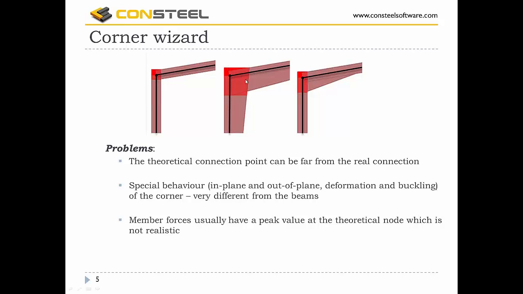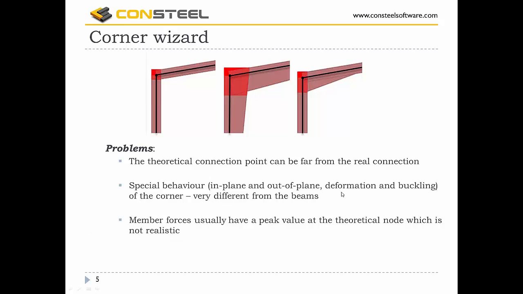And this corner area has a special behavior, both in-plane and out-of-plane, for deformation and for buckling. This is very different from the beam-like behavior. So it is rather like a shear panel, and this is handled in our new function.